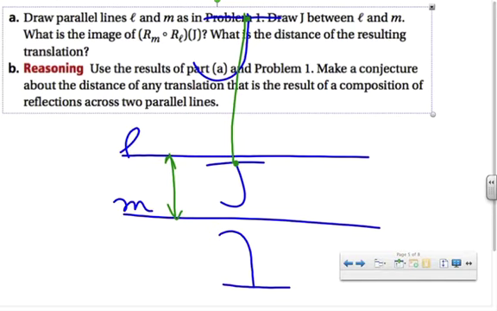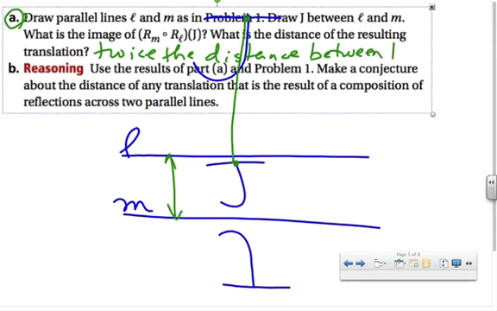So in this part A, when it says what is the distance of the resulting translation, it is still twice the distance between parallel, remember that's the symbol for parallel, lines.